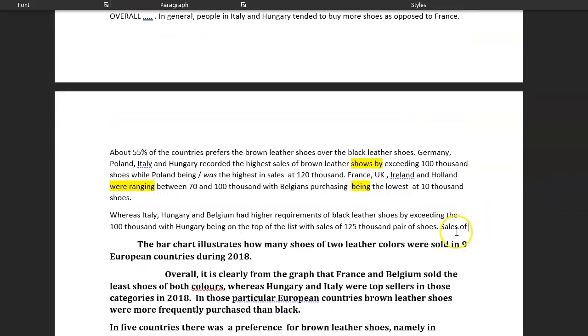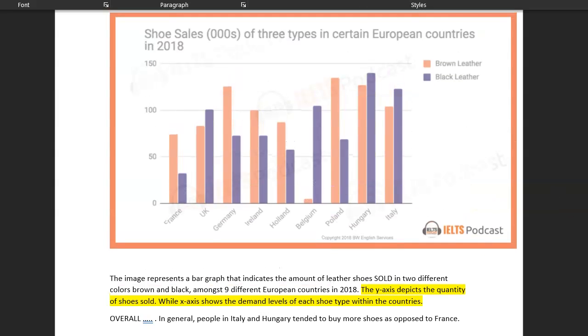So sales of brown shoes almost doubled those of black in Germany, Holland, and France. Okay? Or Poland, maybe Germany, Poland, and France. So group the data together.